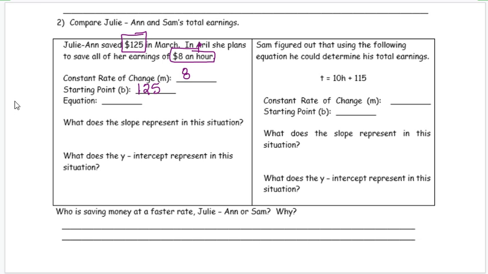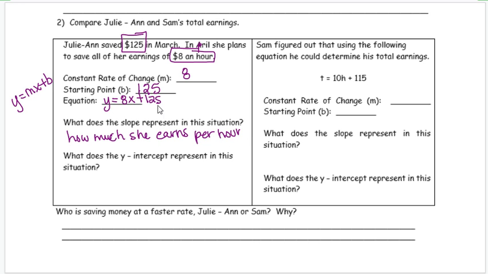So now we can write our equation. Remember, we're writing these in the form of y equals mx plus b. We call that slope-intercept form. So our equation would be y equals 8x plus 125. So what does the slope represent? The 8 is how much she earns per hour.